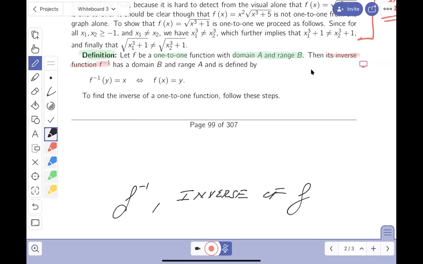Now, what does it say the inverse of f is? It says it has a domain B. That was the range of f. So what happened is the range now becomes the domain in the inverse. And the domain A of f now becomes the range of f inverse.